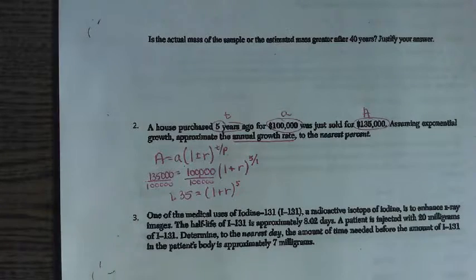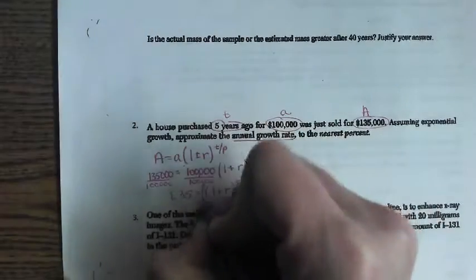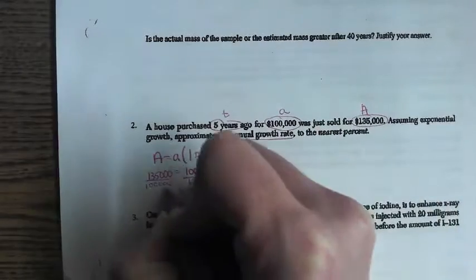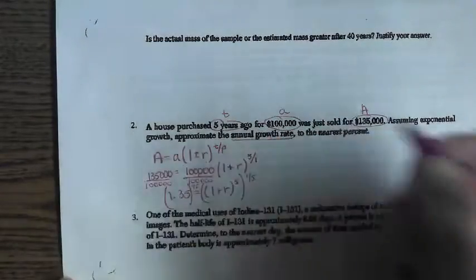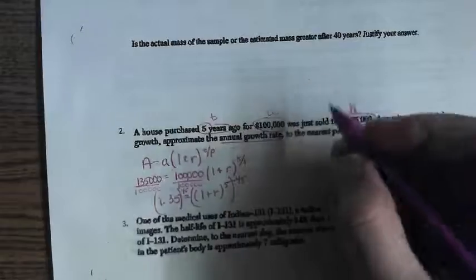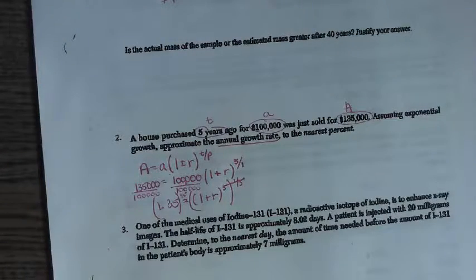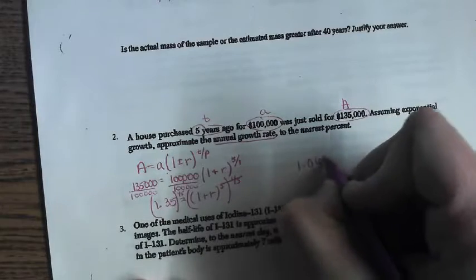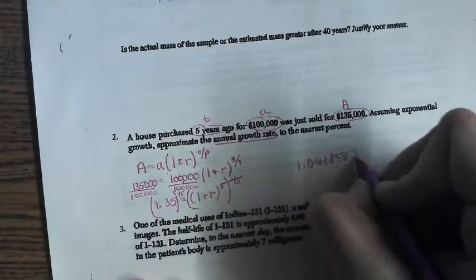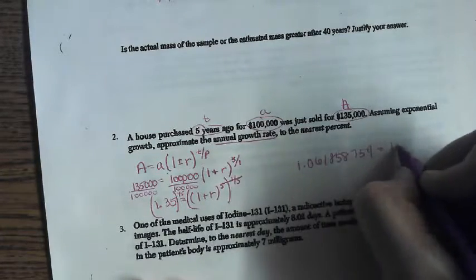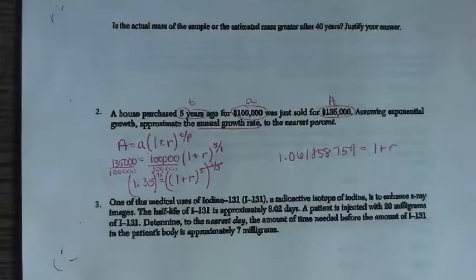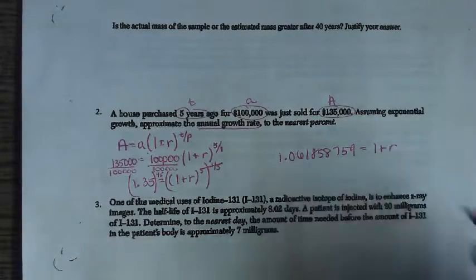If it's being raised to the 5th power, you raise it to the 1/5 power to get rid of it. And 1.35 to the 1/5 power is going to be a 1.0618 crazy number. But now it's pretty easy to get the R all by itself. Just subtract 1 over.